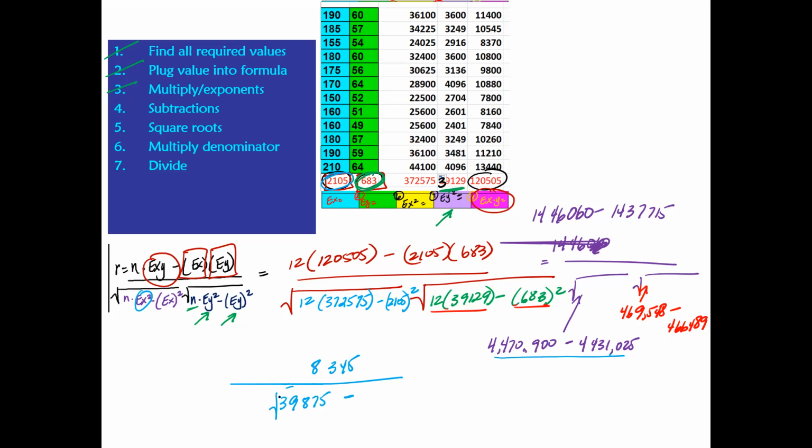You would have to square root that, okay? And then I have 469548 minus 466489.